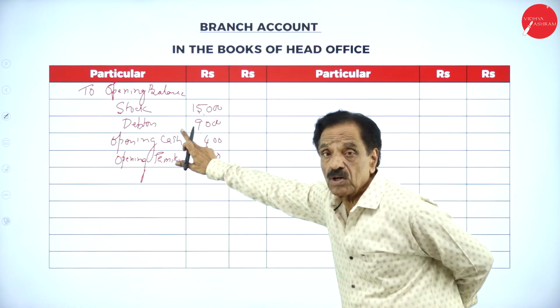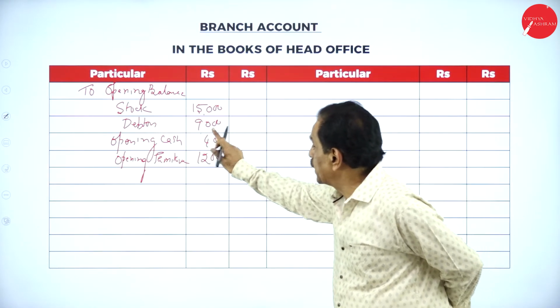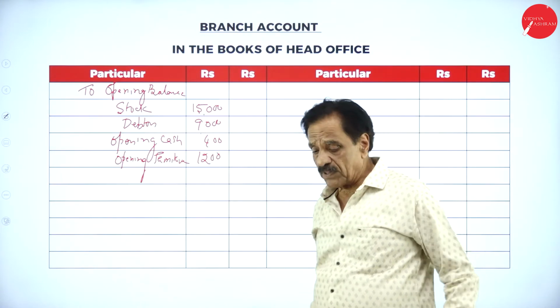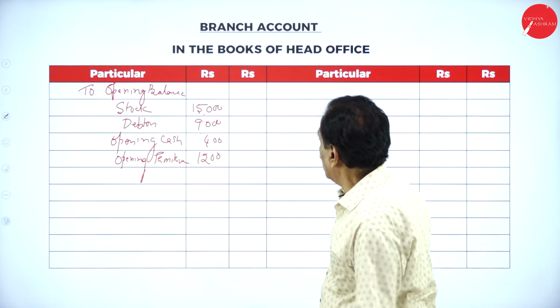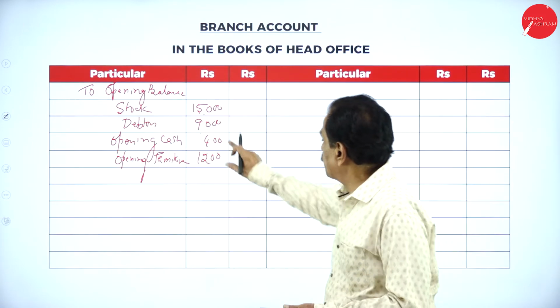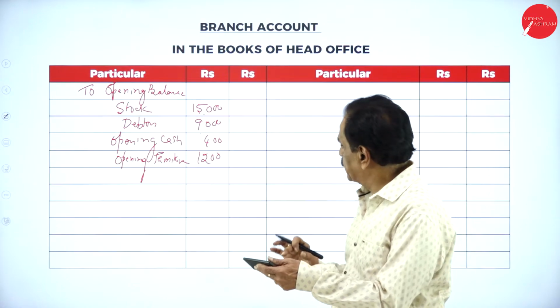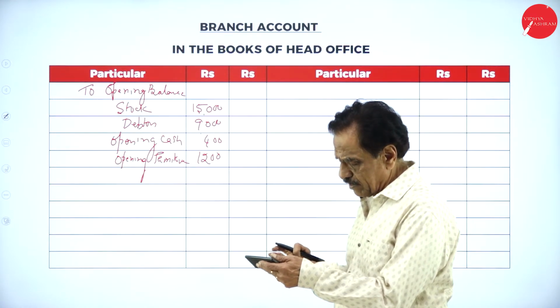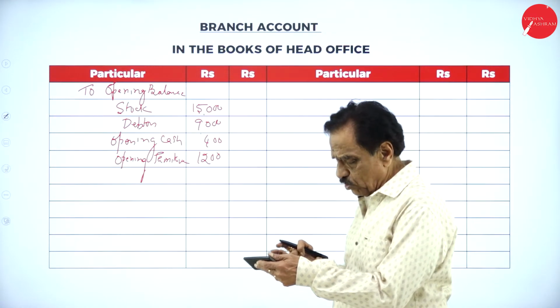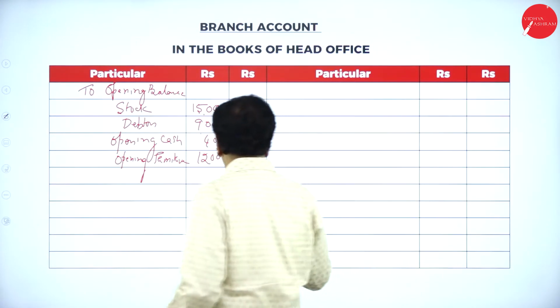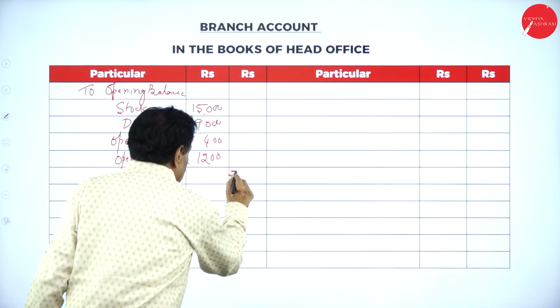Your opening stock 15,000, opening debtor 9,000, your opening cash 400, opening furniture 1,200. Add the figure. 15 plus 9, 24,000, plus 400, plus 1,200. 25,600.